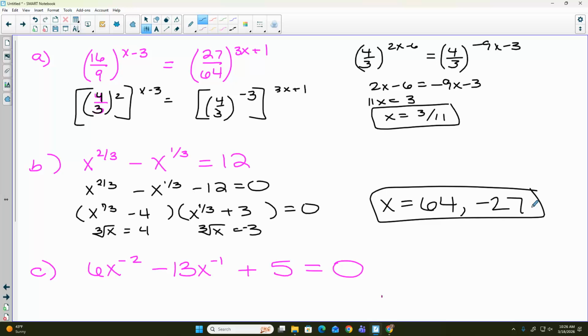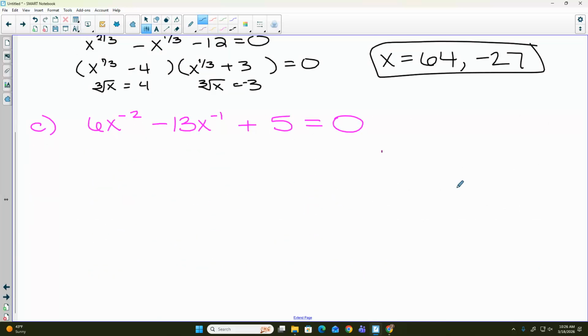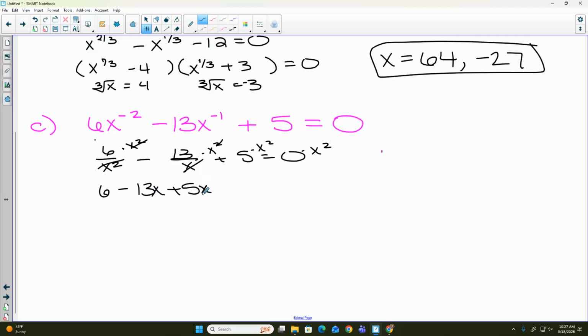C. What would I do? 6x to the -2, that means 6 over x squared, minus 13x to the -1, so 13 over x, plus 5 equals 0. So what do we do? So we get 6 minus 13x plus 5x squared equals 0. Or we can turn that around. So then how do we solve that?